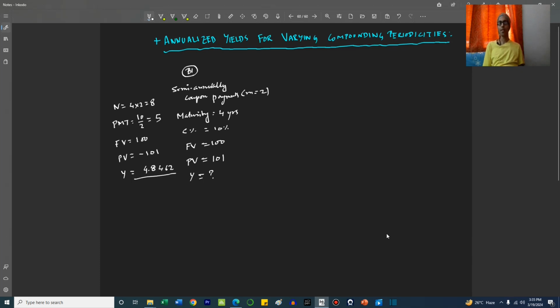To annualize it, we have to multiply it by 2. This is equal to 9.6925 approximately. Okay, so this is coming to be 9.6925.